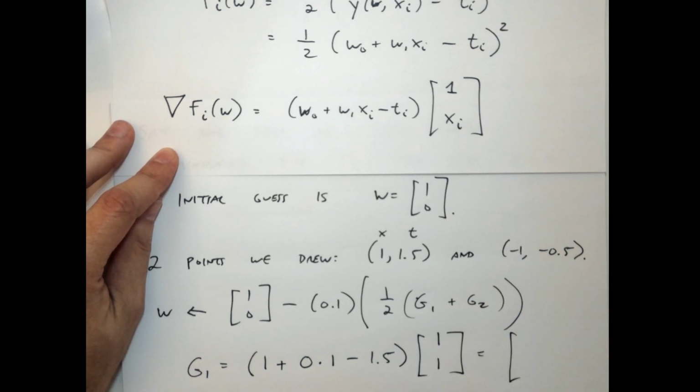So that's going to be minus 0.5, minus 0.5. The gradient of the second point is going to be 1 plus 0 times the x value minus the y value, which is 0.5, times 1, xi. So that's going to be 1 plus 0 plus 1.5. So this is going to be like 1.5, minus 1.5.